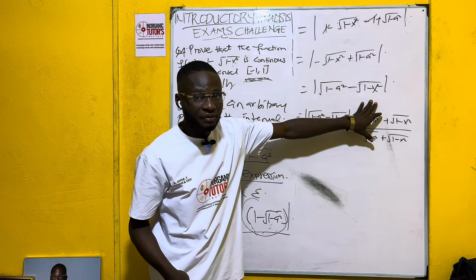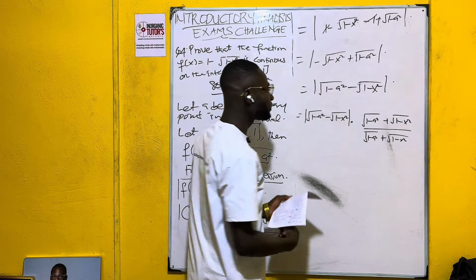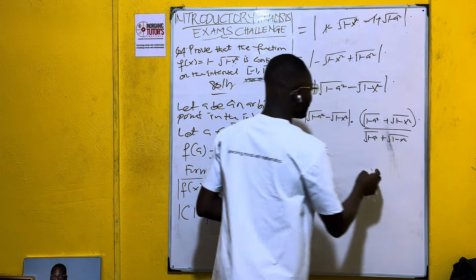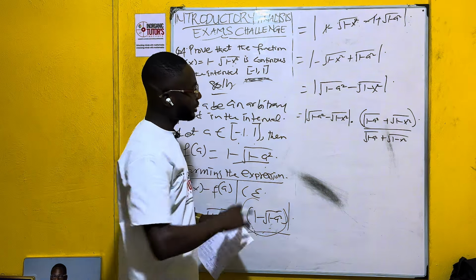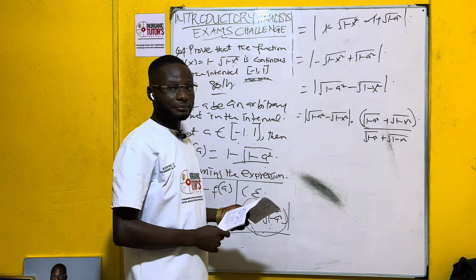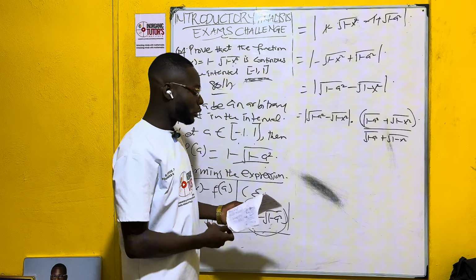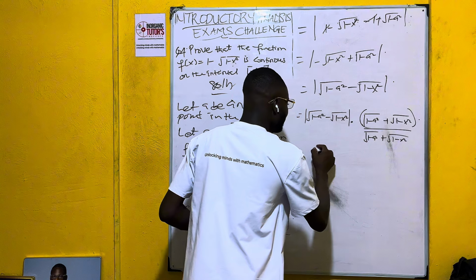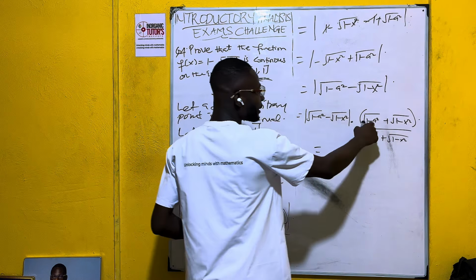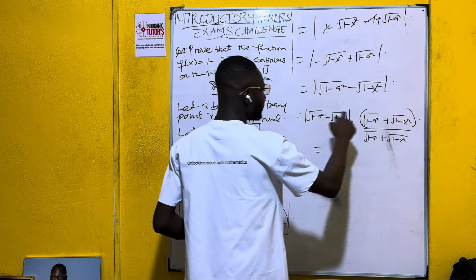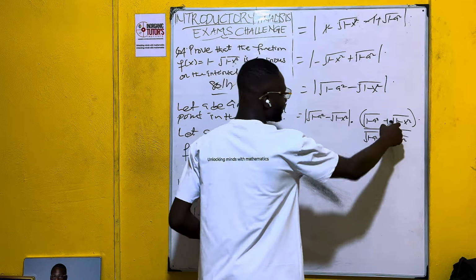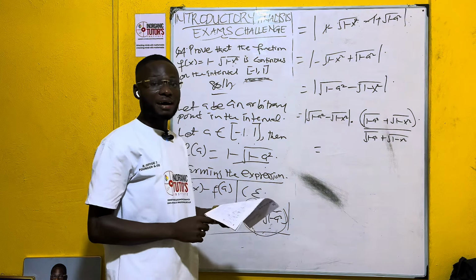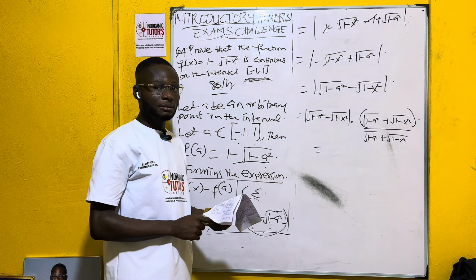So we have to simplify this, right? So let's put this in a bracket so that we can see that we are multiplying that step. Right. So if we do that clearly, this expands, this expands, this expands, that expands. So you realize that you'll be having difference of two squares.